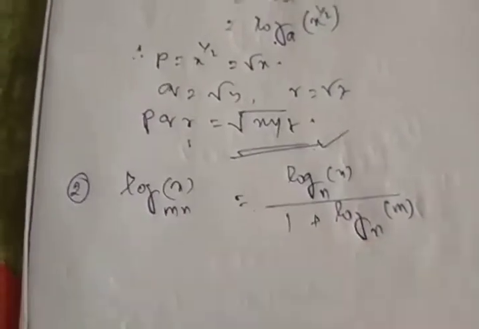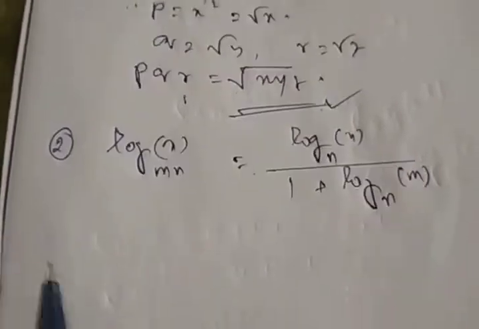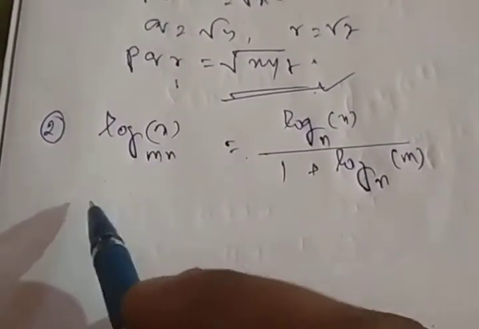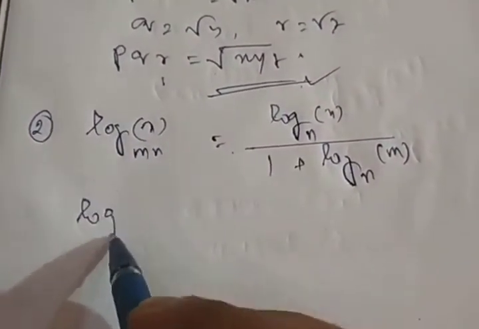We have to simplify this term and this term. So first we try from the right hand side, left hand side. Left hand side is log of mn with respect to base x.